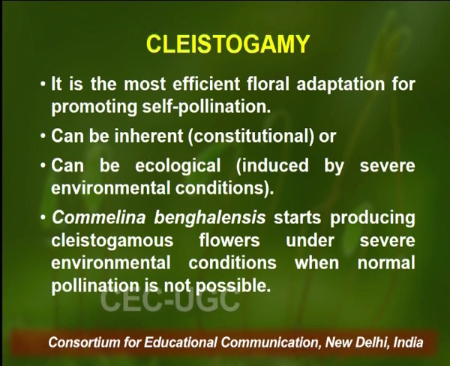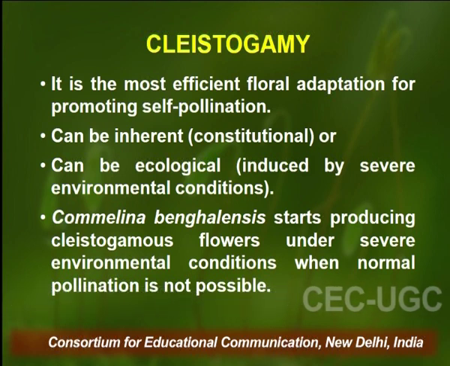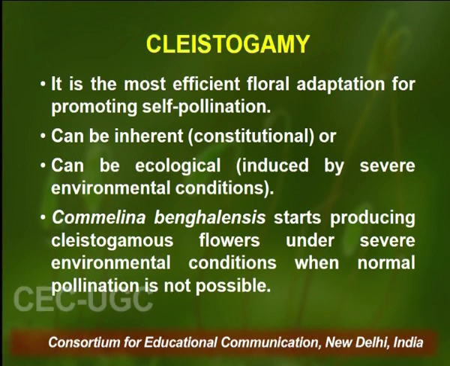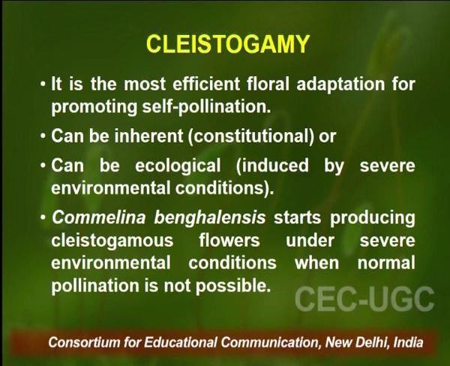Now, when we talk about cleistogamy, it can be inherent, that is, constitutional, or it can even be ecological, that is, induced by severe environmental conditions. Commelina bengalensis is one species where cleistogamy occurs.